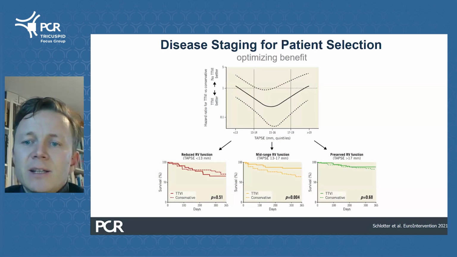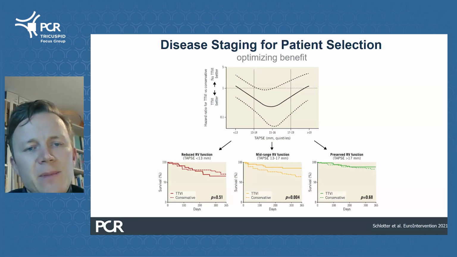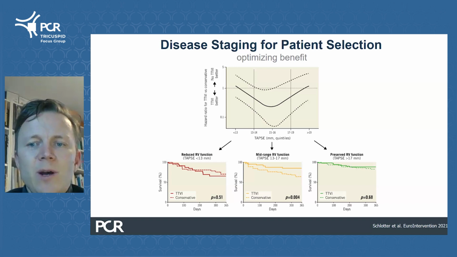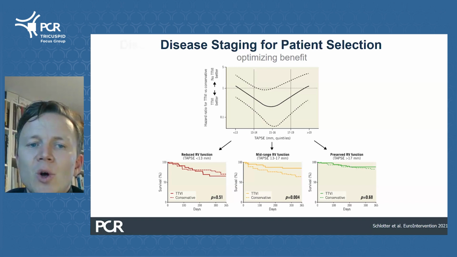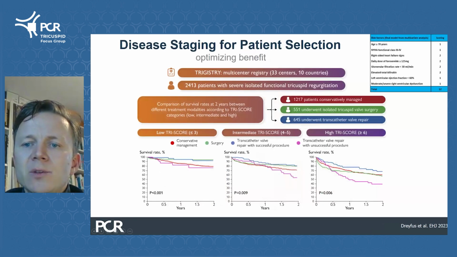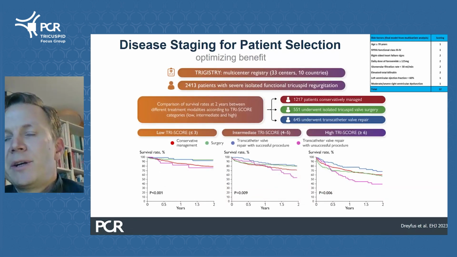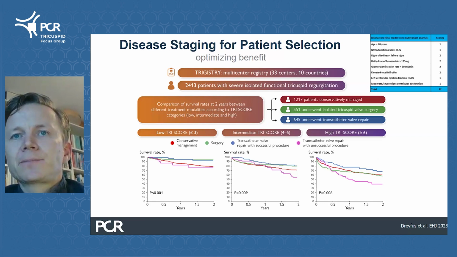It has been suggested that treatment effects can be optimized in mid-stage disease, but whether this should be defined by RV function, here assessed as TAPSE, or more complex tools like this scoring system here is currently unclear.